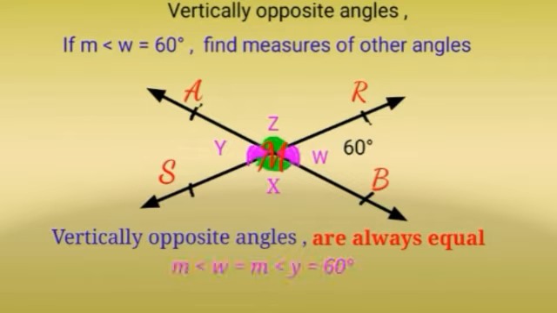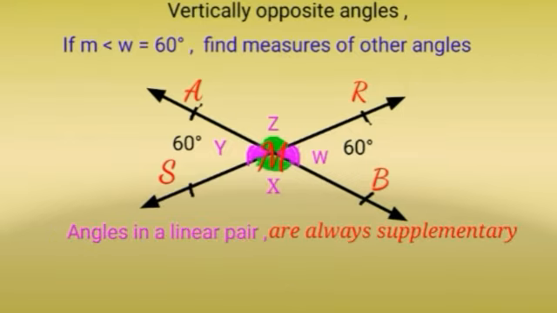Here, measure of angle W and measure of angle Y is equal to 60 degrees, since both the angles are vertically opposite angles. Angles in a linear pair are always supplementary. That means its sum is 180 degrees. So, measure of angle W plus measure of angle Z is equal to 180 degrees.